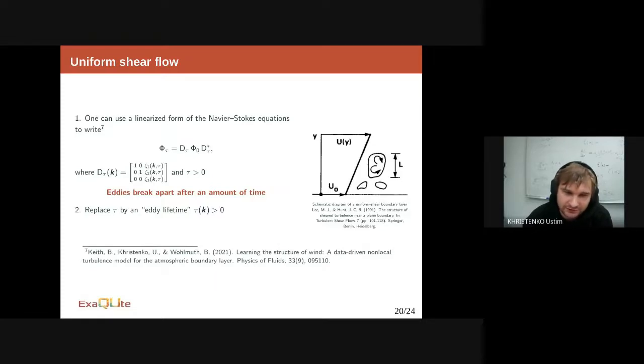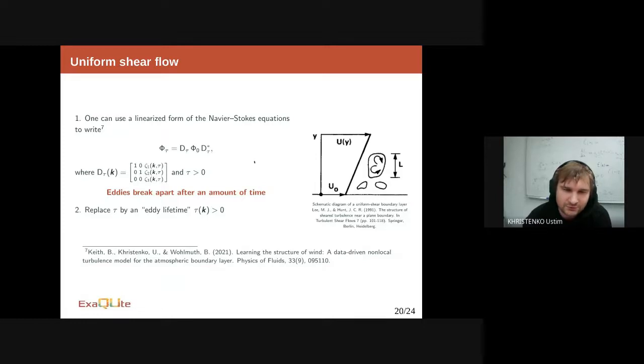But in reality, the eddy lifetime depends not only on the isotropic size of the eddy, but differently on the size in different directions, because there is the direction of the flow and the orthogonal direction. There is a vertical direction, and the orientation and size of the eddy in different directions also affect the lifetime of each eddy differently.